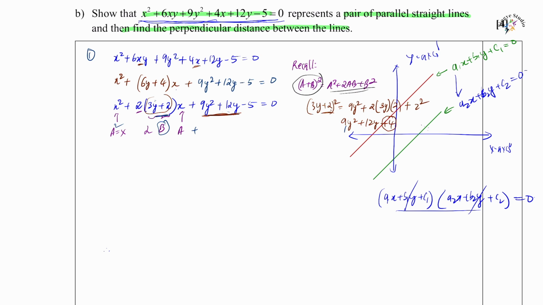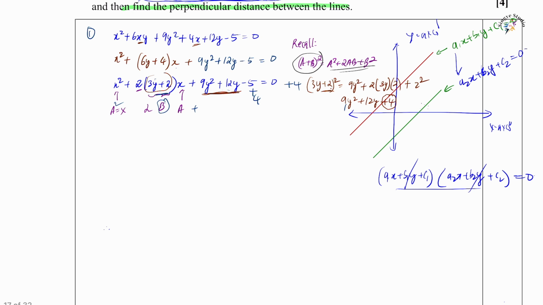So in the next form I will add 4 here and I will add 4 here also, so that the equation won't change, but I'm completing the square. Now I will say x squared plus 2 times 3y plus 2 times x plus 9y squared plus 12y plus 4, minus 5 equals plus 4. Because I have added 4 here, I have to add it here also.